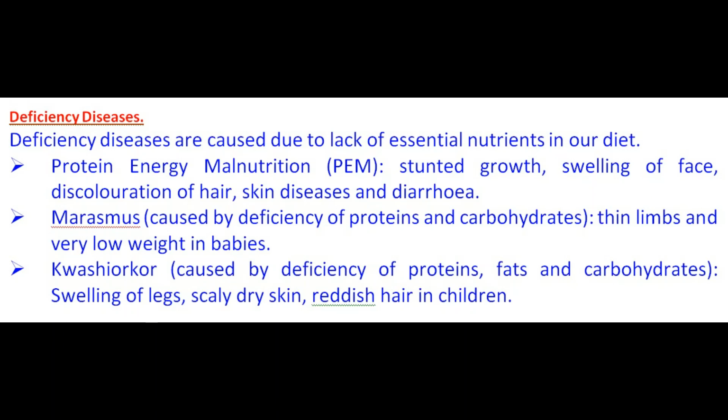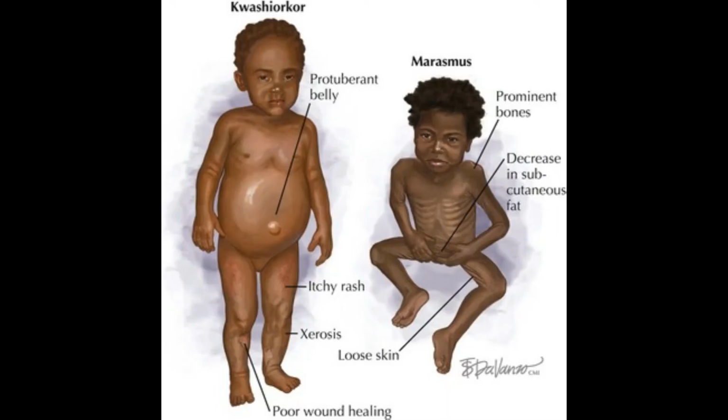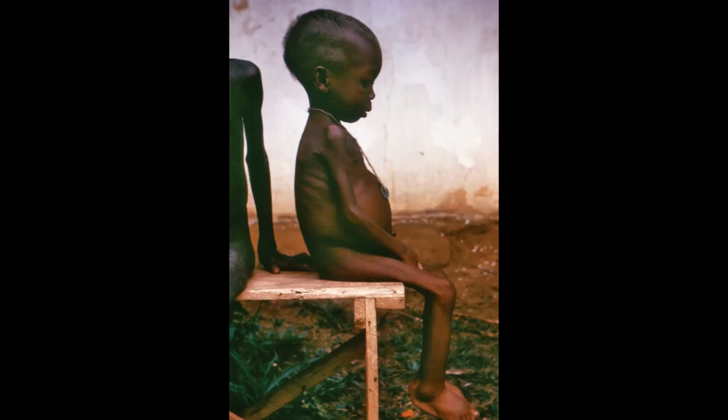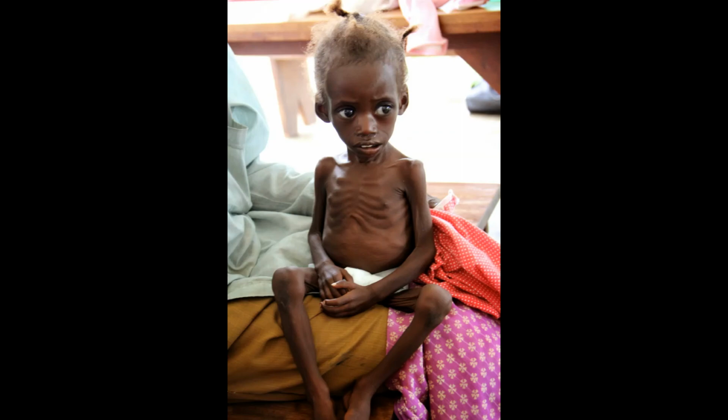In the same way, if proteins, fats, and carbohydrates, all these components are lacking or not in sufficient proportion, kwashiorkor is caused: your legs swell up in the children. The skin gets rashy, dry, scaly, and the hair loses its color and becomes reddish. Please look at some pictures and be careful yourself.